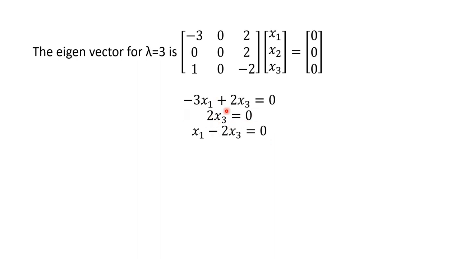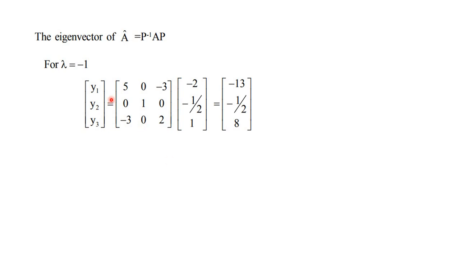From the second equation we have 2x3 is equal to 0. Third equation: x1 minus 2x3 is equal to 0. From the second equation x3 is already 0, so x1 equal to 0, and there is no term x2 there. So we take x2 as an arbitrary value and put x2 equal to 1. So its eigenvector is 0, 1, 0. So we have found the eigenvectors for A.